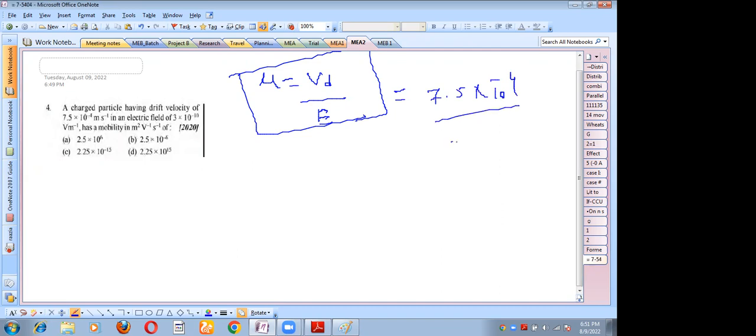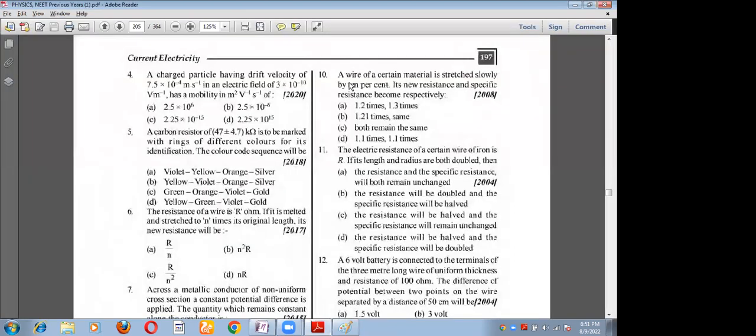What is the electric field? 3 into 10 to the power minus 10. So 2.5 into 10 to the power 6. So the correct answer is... understood. This is a NEET 2020 question. Okay, all right. Moving to the next question.